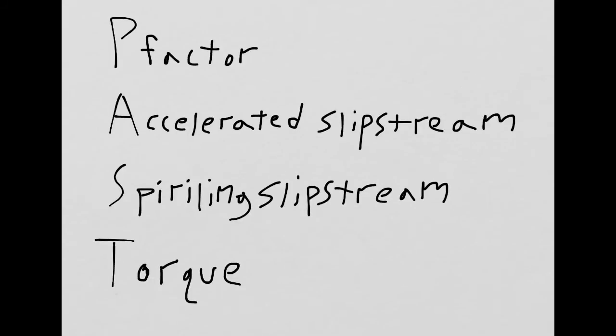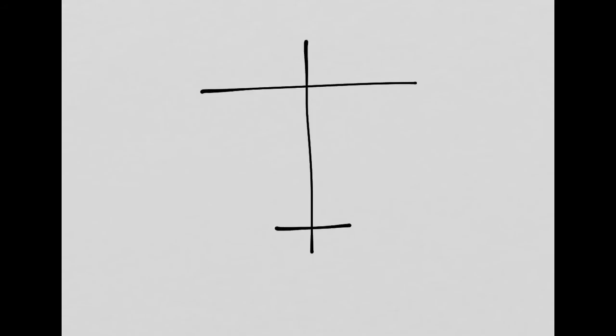Alright, now let's talk about accelerated slipstream. Accelerated slipstream is kind of related to P factor. So, let me draw another airplane. There's the thrust on the right side from the descending blade.